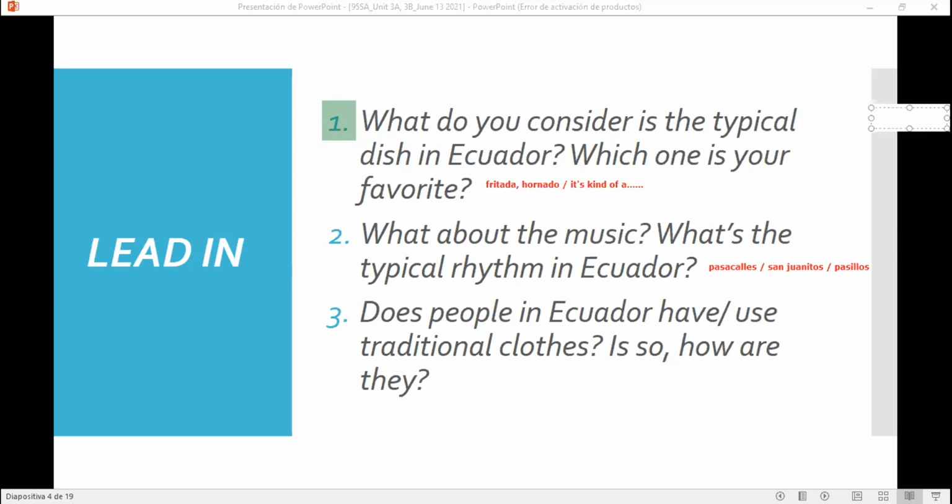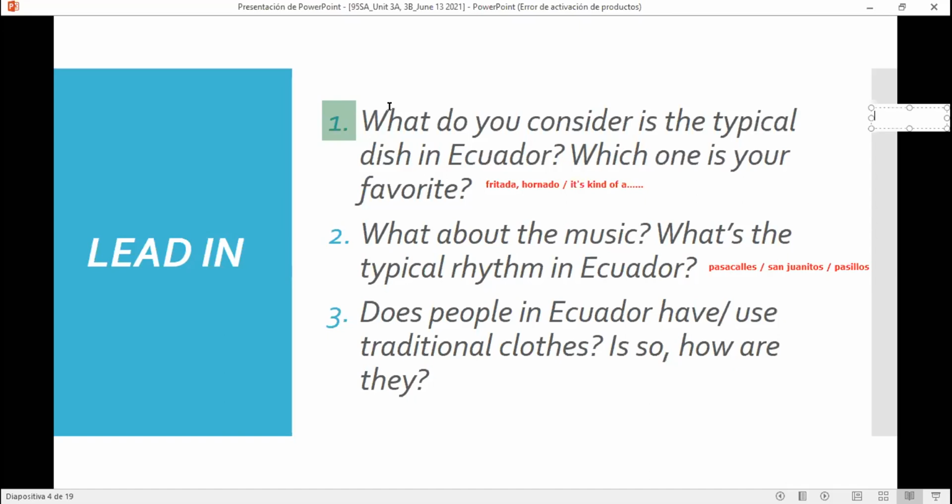Yes, for example, in Otavalo, indígenas people, ¿no se dice, teacher? Indian people or indigenous people. Indigenous peoples use traditional clothes.